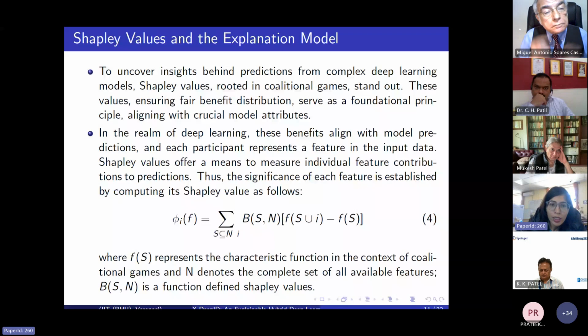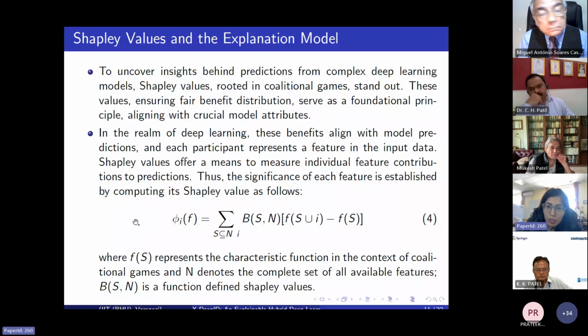Next is the Shapley value and explanation model. Basically, the Shapley value comes from the game theory concept. In the case of deep learning, these benefits align with the model prediction, and each participant represents the features in the input data.